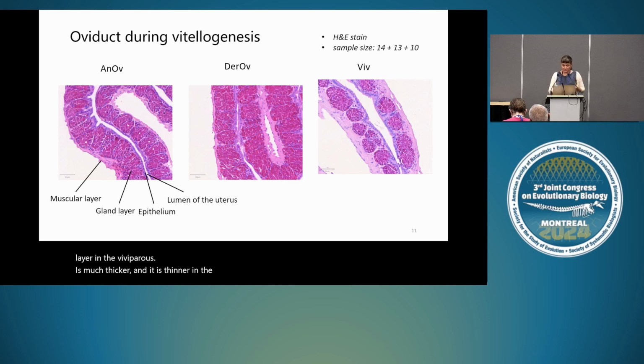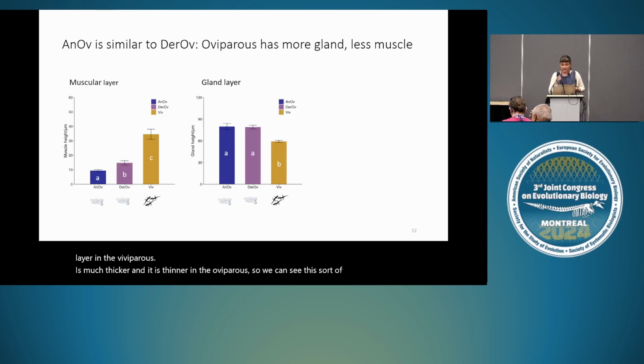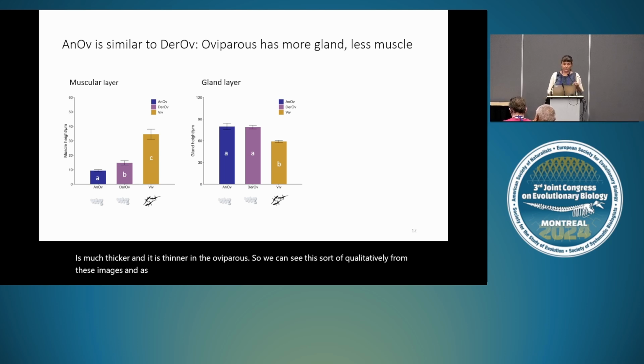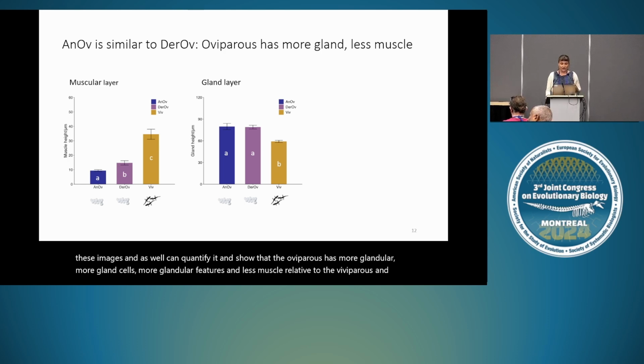So we can see this sort of qualitatively from these images, and as well can quantify it and show that the oviparous has more gland cells, more glandular features, and less muscle relative to the viviparous, and that the ancestral oviparous and the derived oviparous, the two oviparous lineages, are very similar relative to viviparous.